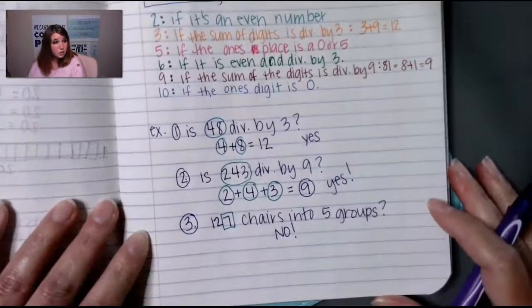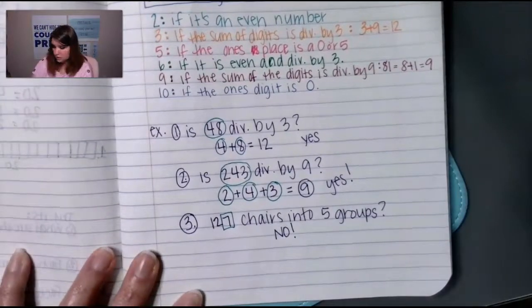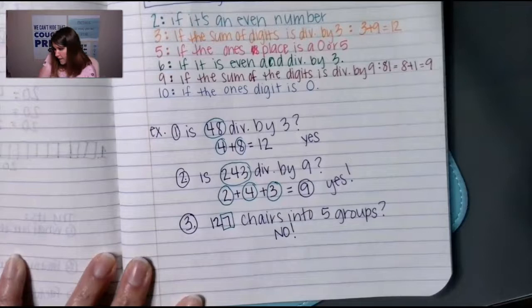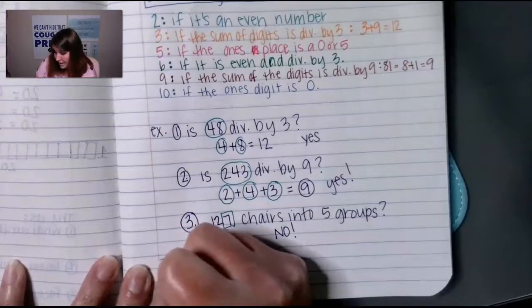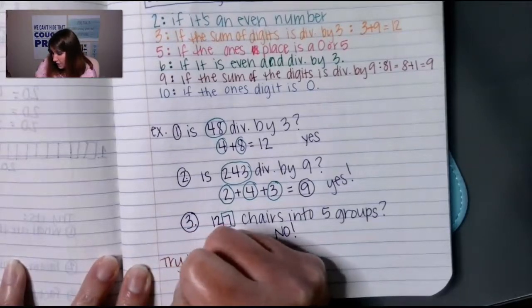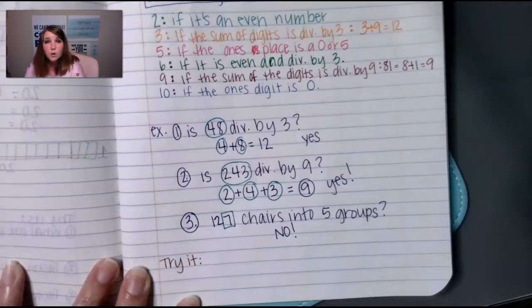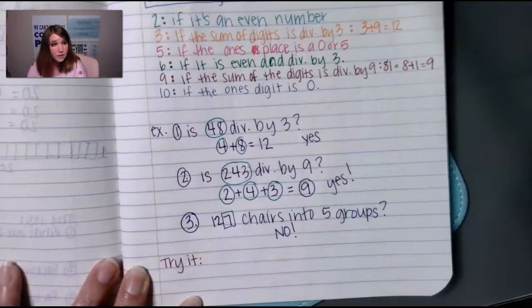Okay, let's do a try it. I'm going to have you do one try it, and then you can check your work here, and then I'm going to send you to do your own practice work to see how you do. All right, a try it. Let's look here.